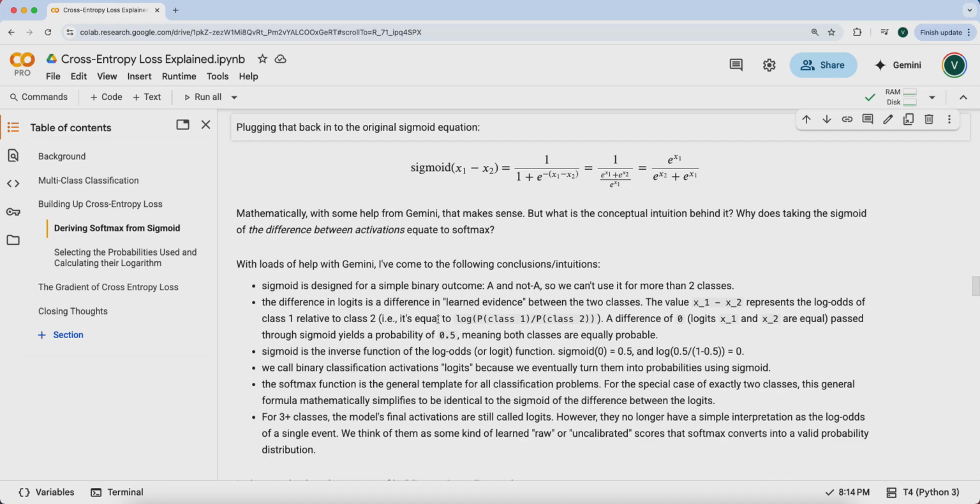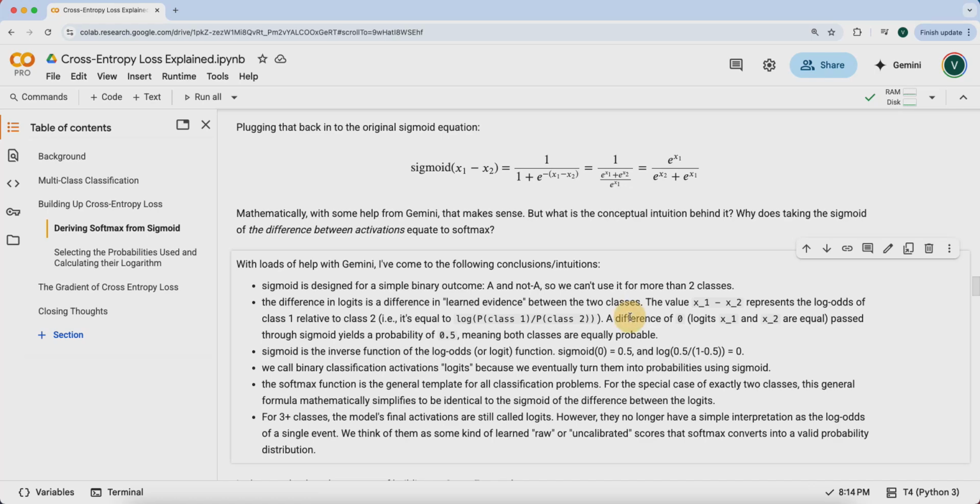So in terms of the actual logit function, it is the log of the probability of class 1 divided by the probability of class 2. And because we have 2 options, right, A and not A, probability of class 2 is just 1 minus probability of class 1.